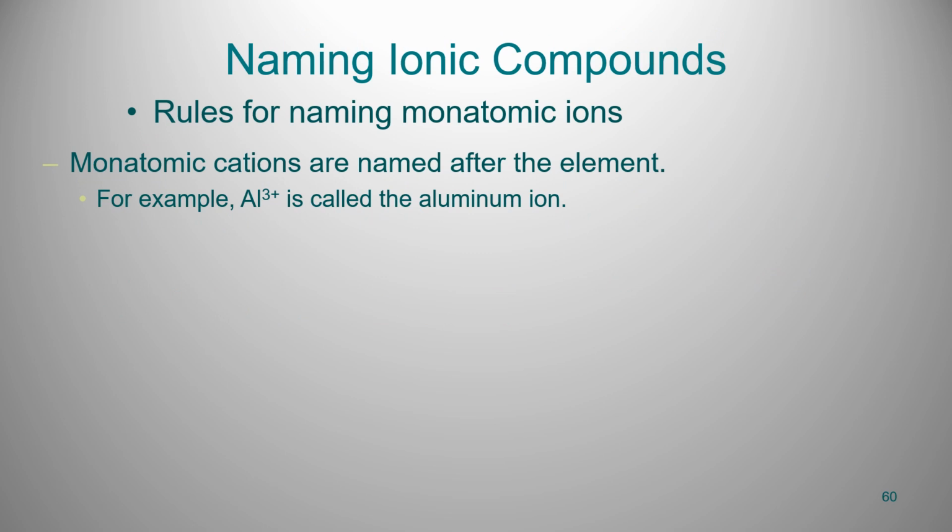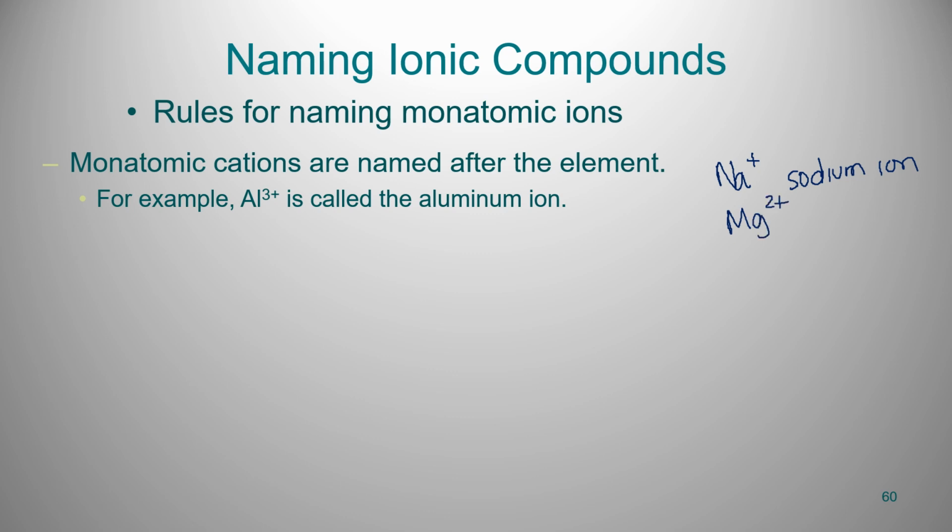How do we name the cations? The monoatomic cations are just named after the element. The aluminum ion is just called the aluminum ion. The sodium ion is just called the sodium ion. All of those in group 1A and 2A, and aluminum, which is kind of its own thing.